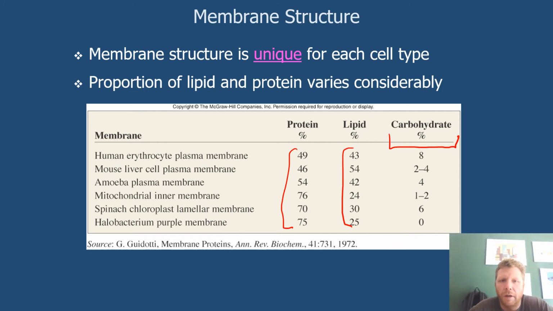Proteins in something like spinach chloroplast, 70% of that is proteins, whereas only 30% is lipids. And this obviously has some error bars to consider because it totals 106%, 70 plus 30 plus 6.